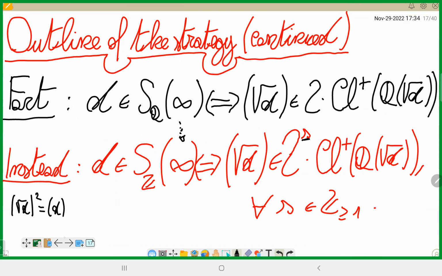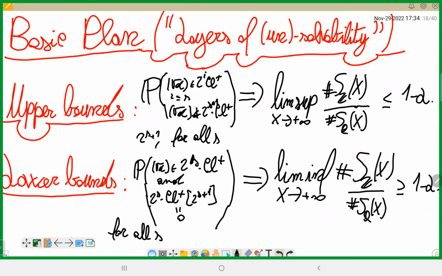So you do all these checks, and you can use every check to improve your upper bounds and improve your lower bounds, and in the limit you get the desired result. So that's the plan. Now the question is, why is this conceivable? So why is this doable?